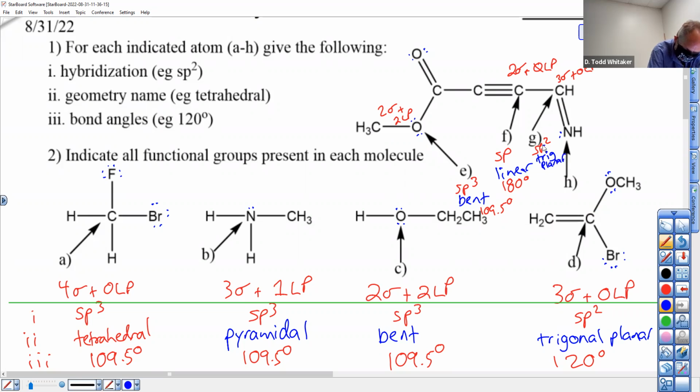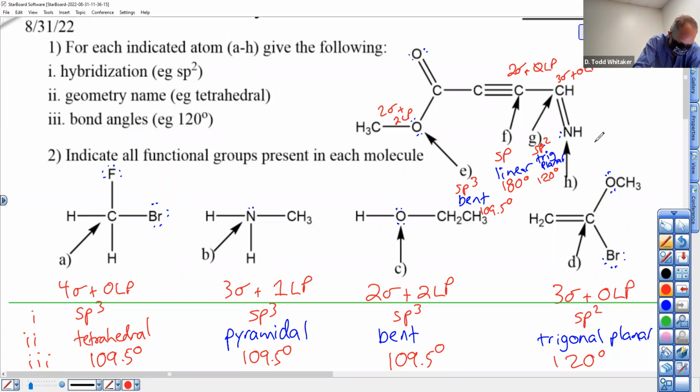Well, it's short, trig. sp2 trig planar, and the angle 120. Sorry? I got a sigma bond to an H, a sigma bond to a C, and a sigma bond to an N. Just because they're written beside each other doesn't mean there's not a sigma bond. There has to be a sigma bond. Yeah.